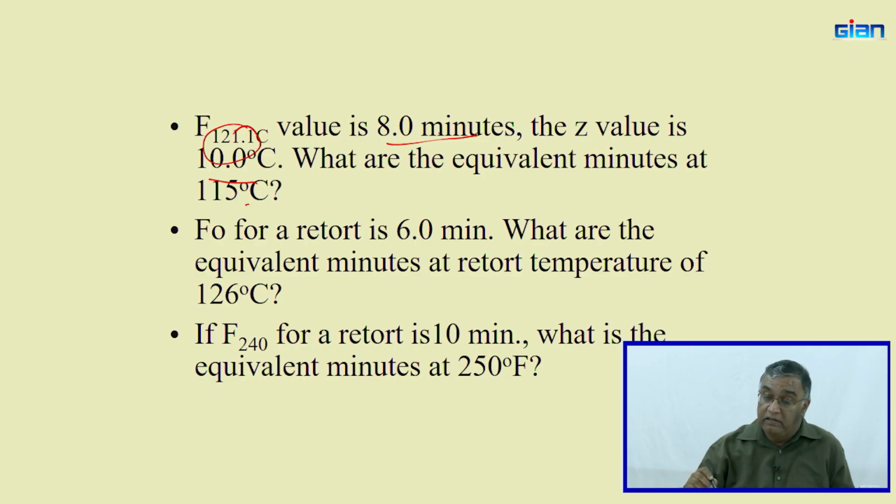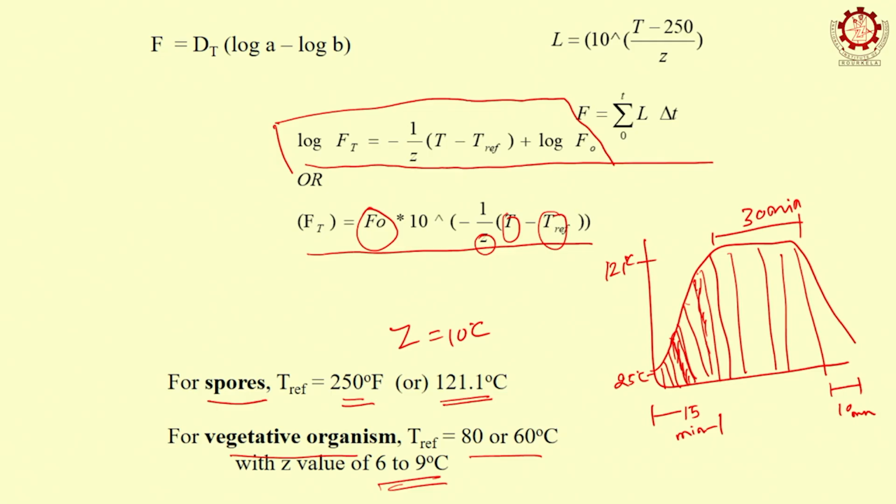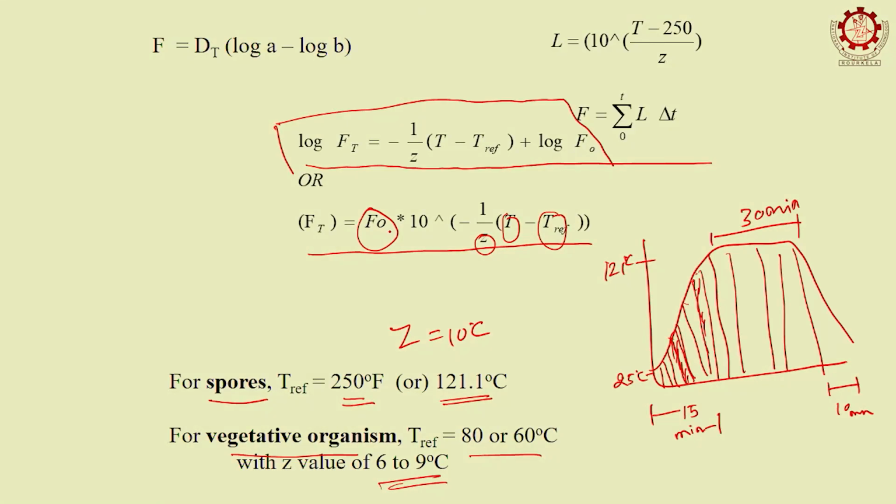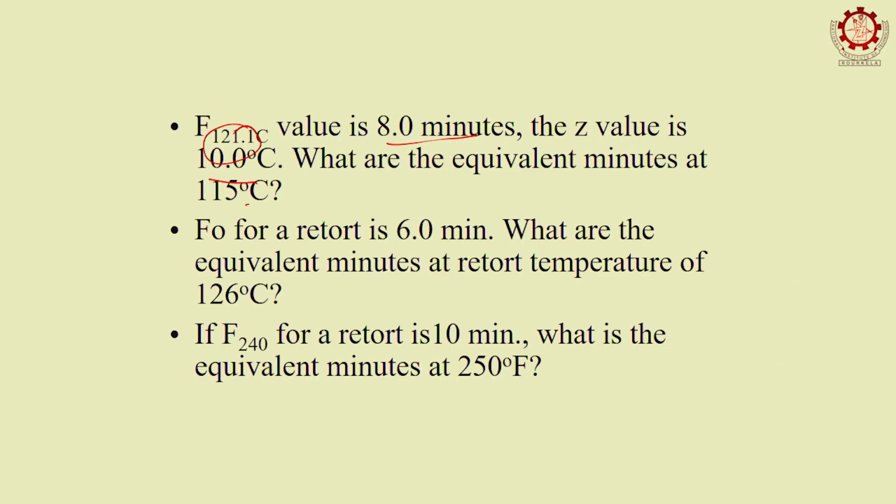Same way here. You go back to this equation: T is F0 times 10 power (1 over Z)(T minus T reference). You use this type of equation, substitute the values, and do the calculations. F0 for a canning retort is 6 minutes.